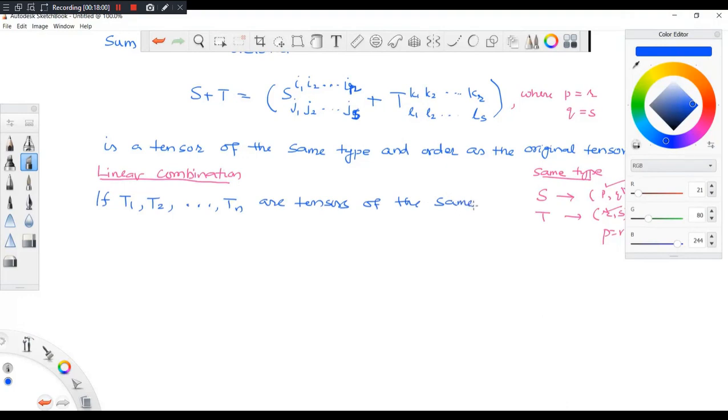Contravariant and covariant, there should be the same type. And lambda 1, lambda 2, etc., lambda n are scalars, are invariant quantities.